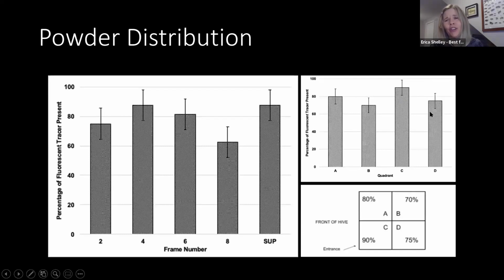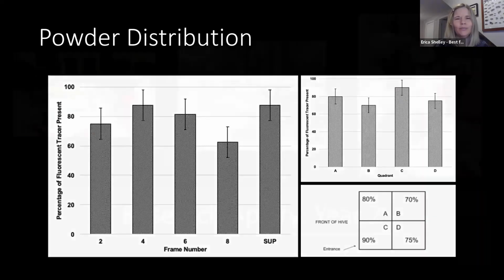Still all of them over 60% or higher, but definitely some differences depending on where it was relative to the entrance and where the bees were vectoring the powders in.